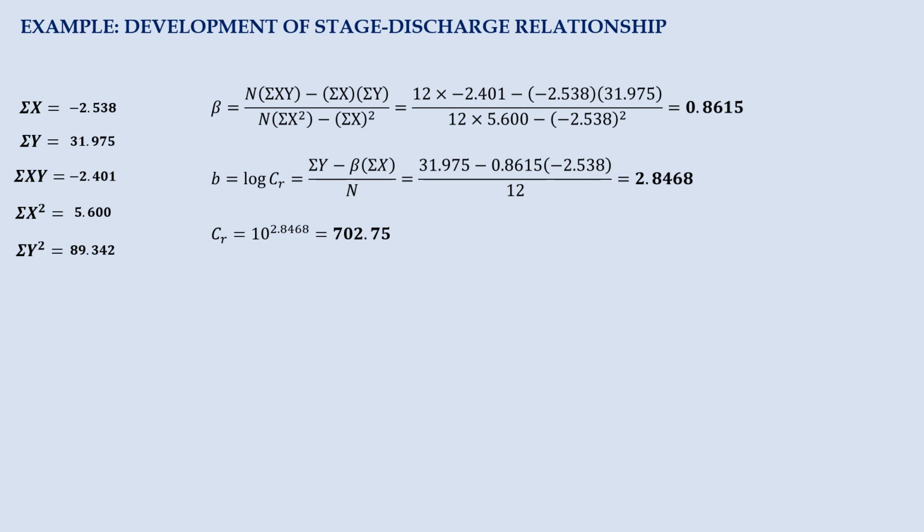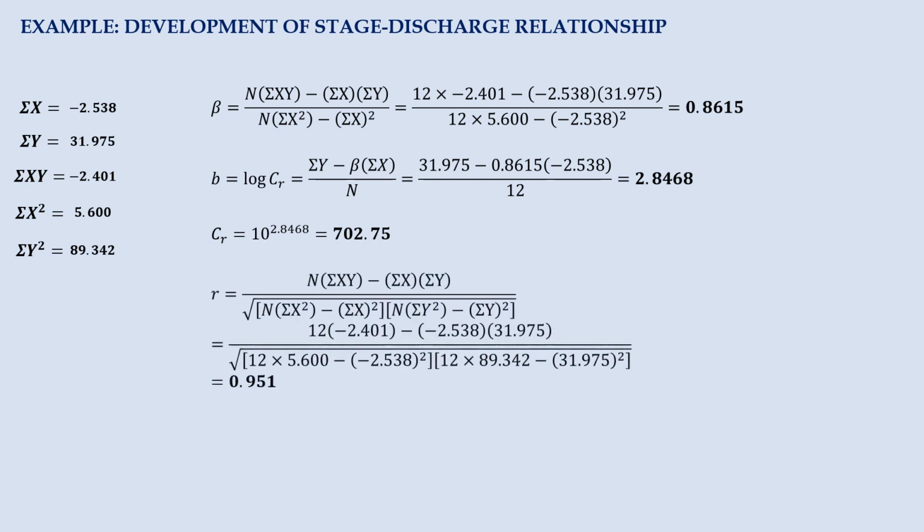By substituting the values into the equations, we can find the values of beta and log CR. As for CR, all we need to do is simply anti-log it. Lastly, let's calculate the correlation coefficient. The value of R is very close to unity, and thus the correlation is considered very good.